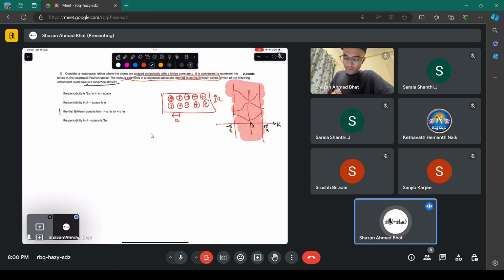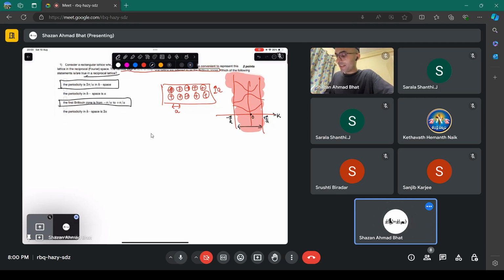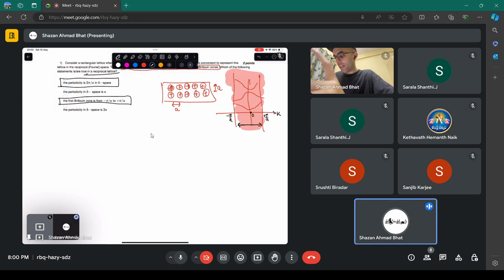The first Brillouin zone is from minus pi by a to pi by a, and the periodicity is 2 pi by a. That means this is the overall width in K. If you see overall this width, this is 2 pi by a, and there will be some more bands in this region which will be in different directions.